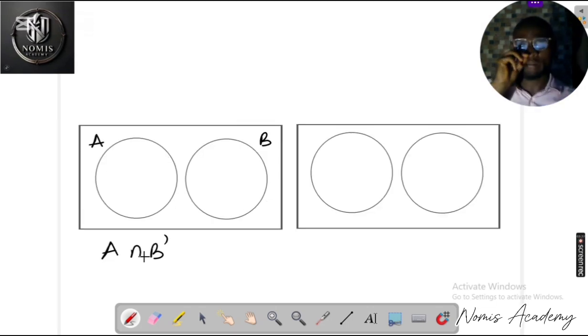So we are talking about A intersect B complement, that is, part of B that is not in the universal set.